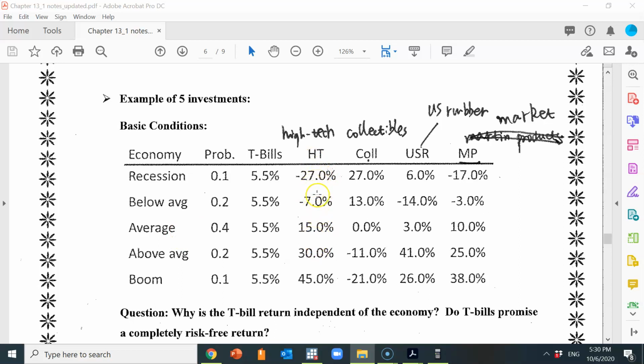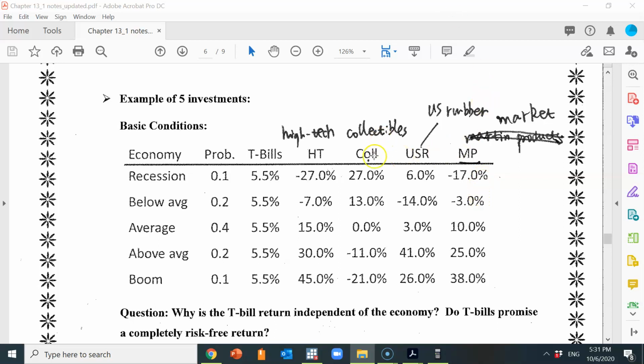We see all the negative numbers here. When the economy is well, market index is going well, high-tech has positive, higher returns. Okay, so high-tech or most industries has positive correlation with the market index or economy. It goes up when the market index goes up.